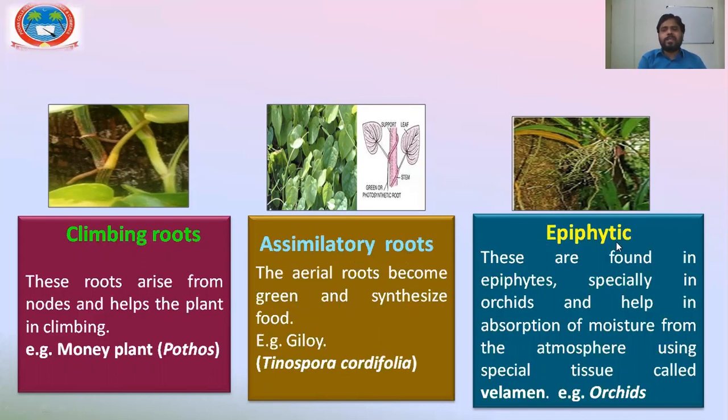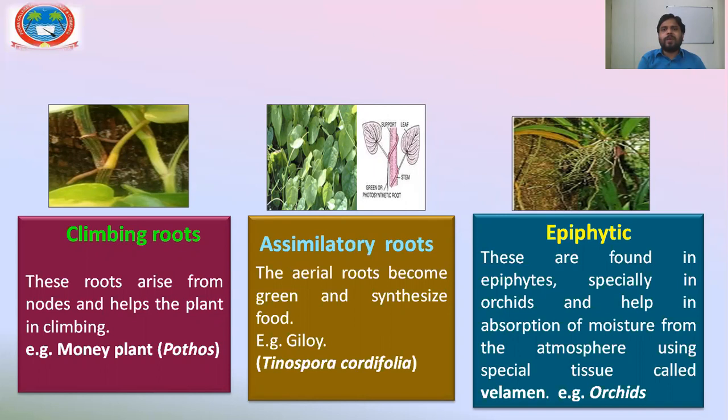Then the next one is epiphytic roots. Epiphytic roots are also called hanging roots, because they are present in plants which grow on another plant or tree trunk, generally epiphytes.